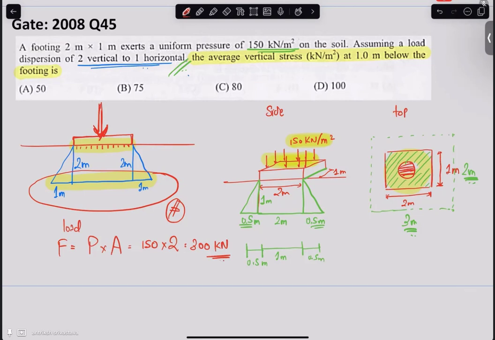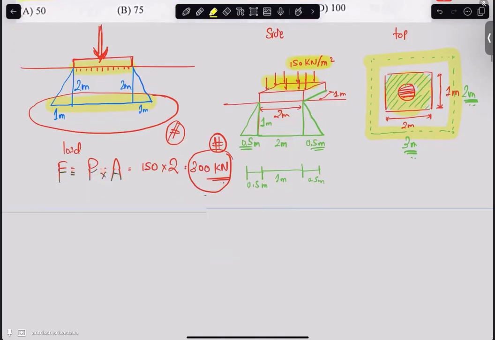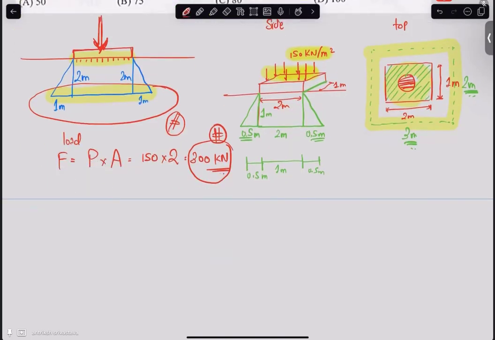The same force is going to be dispersed to a wider area, so the stress that we are going to experience at that 1 meter deep in the footing is going to be less. Then how much less it will be? So we will have 300 is equal to P dash into A dash.